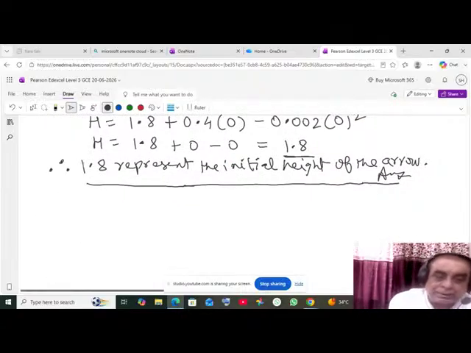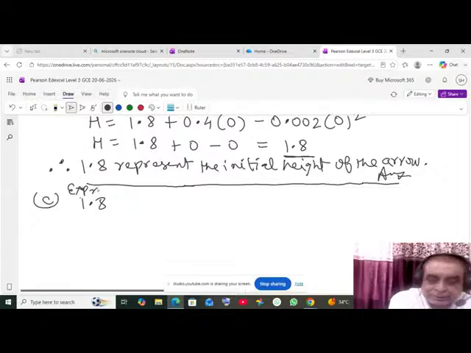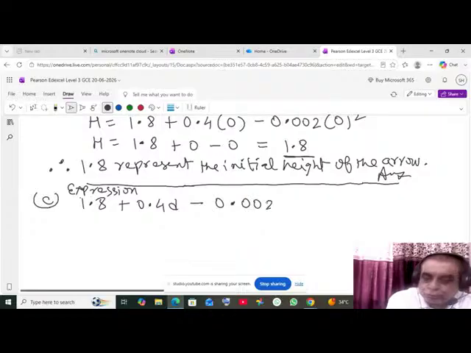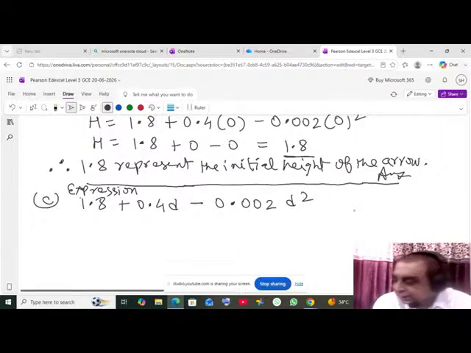Now we are doing the C part. This is the expression given in the question: 1.8 plus 0.4d minus 0.002d squared.